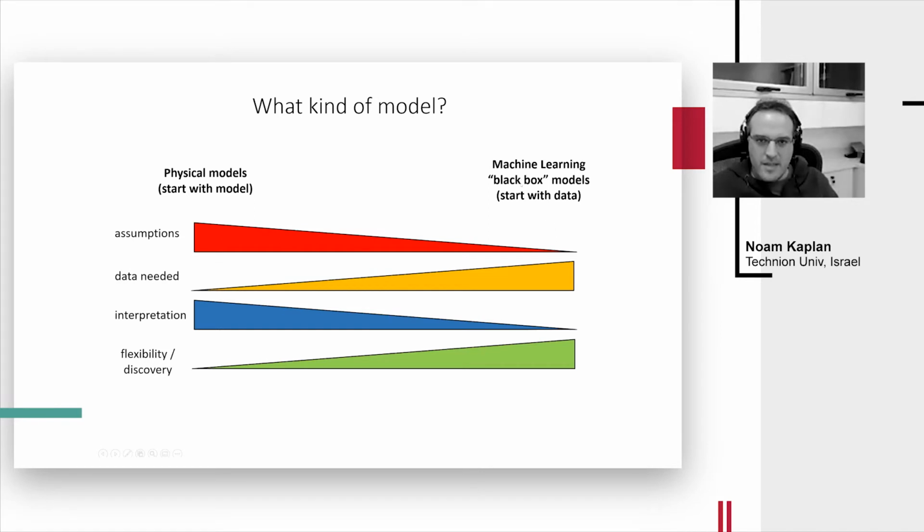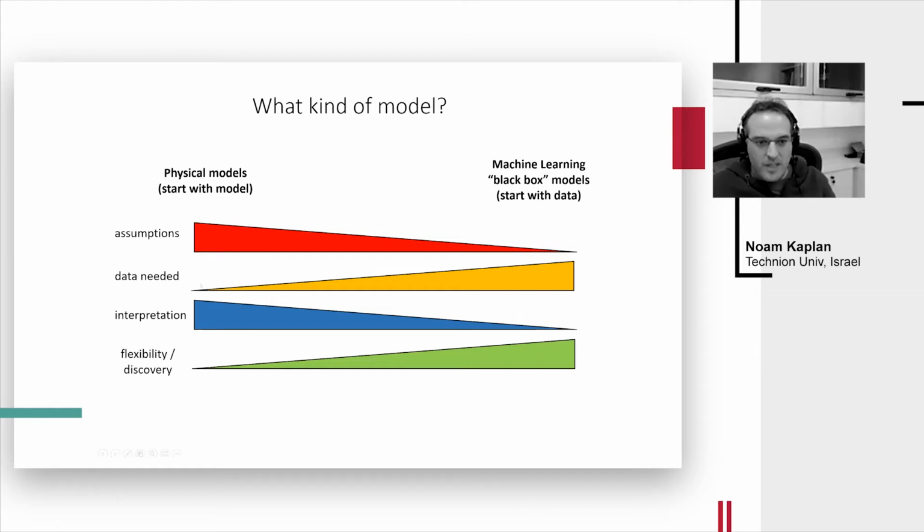Now, discussing the kind of model. This is an oversimplification, but you have two extremes of models. You have the physical models, like polymer models, where you start with a model, you introduce assumptions, you introduce some mechanisms, and you see what happens.